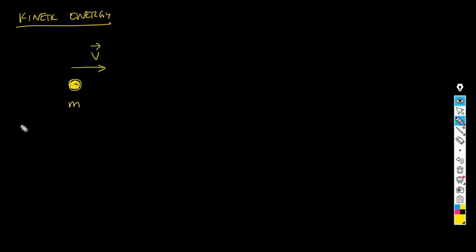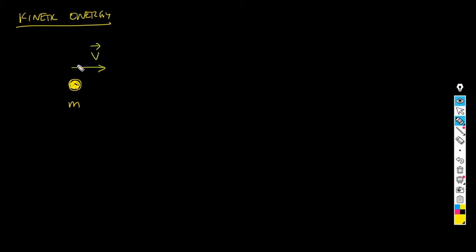So now let's talk about what kinetic energy is. So let me first give you the definition. Let's suppose you have a particle. This particle has a mass m and it has a velocity v.